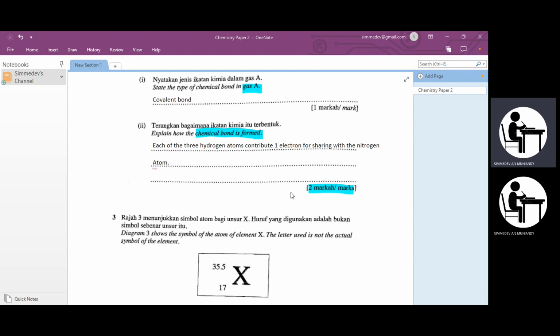Okay, let me see the answer scheme. The answer scheme has just given 3 points.